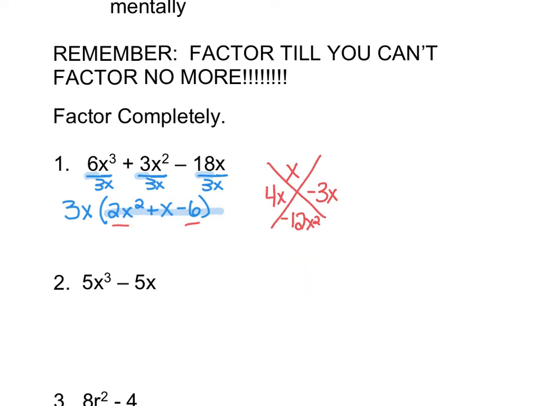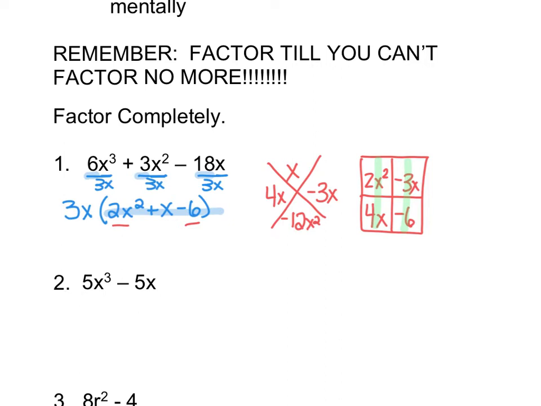For this one, I'm going to use the box. So remember that we put our first term, 2x squared, in the top left and the negative 6 in the bottom right. And then the two terms that we just figured out can go in either of the remaining boxes. And then we are going to column factor and row factor.